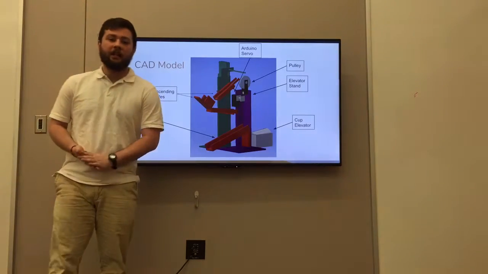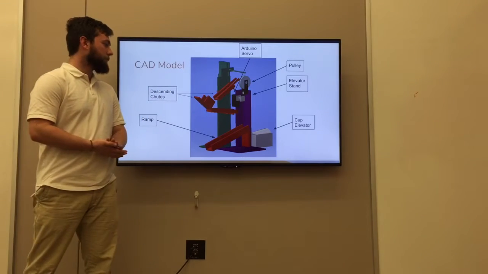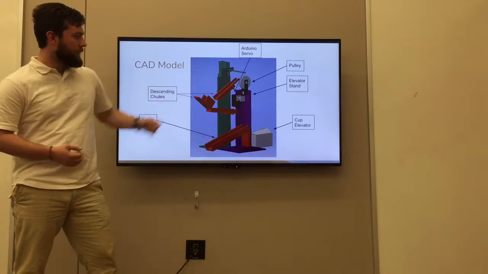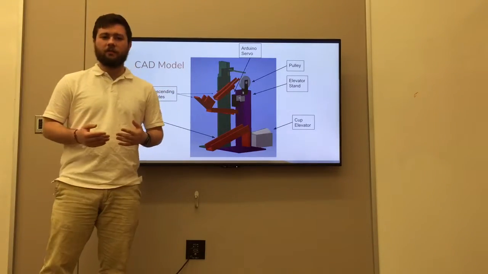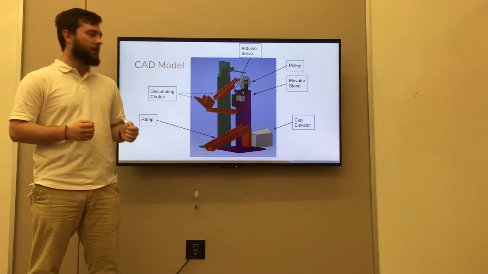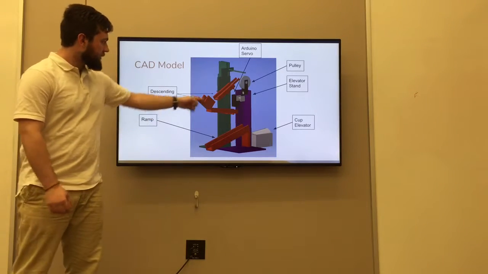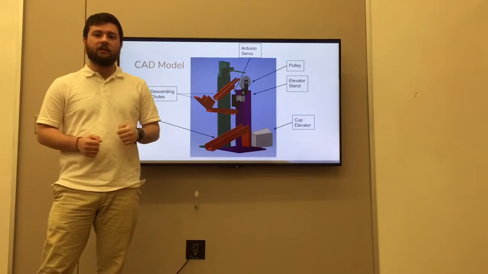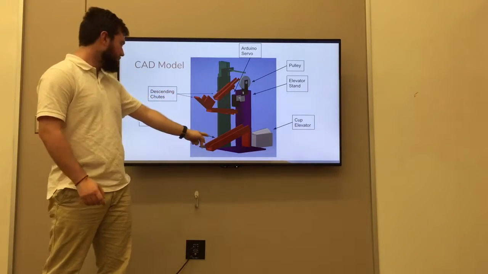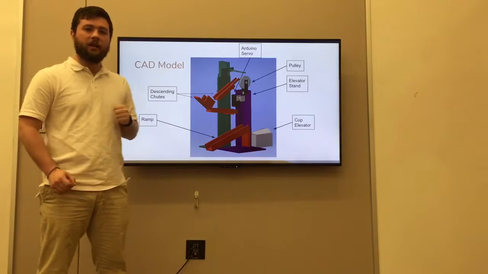So this is the 3D CAD model of our final prototype for the energy elevator. You can see here we changed the colors to make it easier to distinguish one part from another. In red on the top we have the descending chutes that take the ball from the pulley down to the ramp, which is red at the bottom.